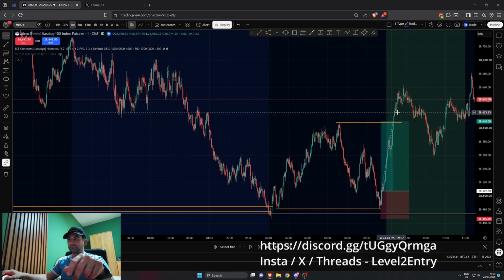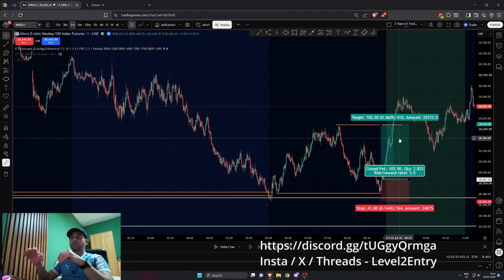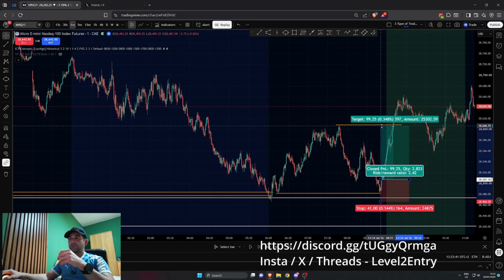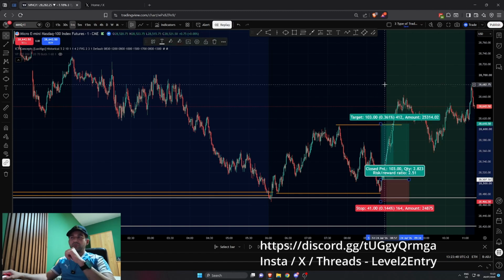To be honest, the 2.5R is also a structure take profit because it targets this high here. It was a little bit like 2.446, and I left it run just a small bit to take the full 2.5R.